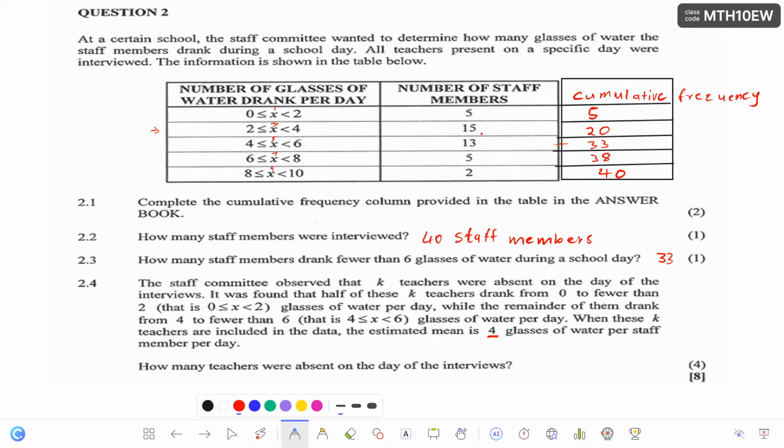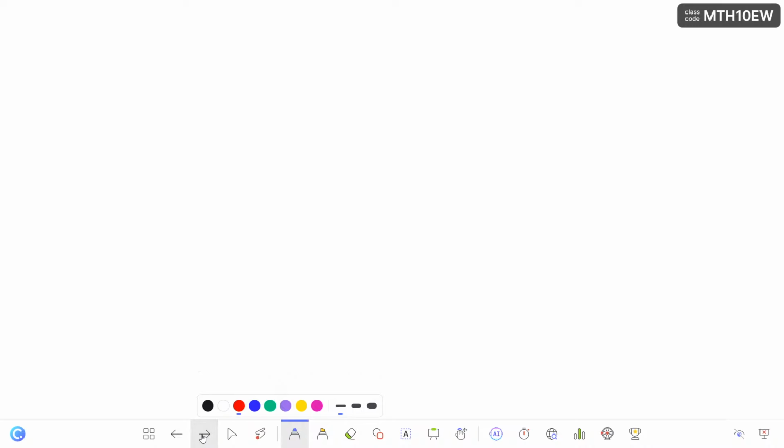Then after that, we sum everything and divide it by the total number of staff members that were available that day. Okay, let me open a new whiteboard.